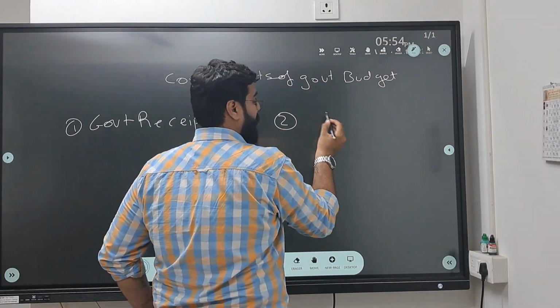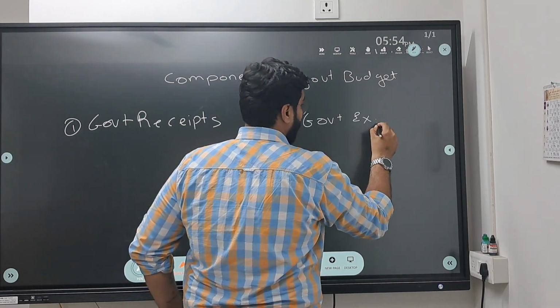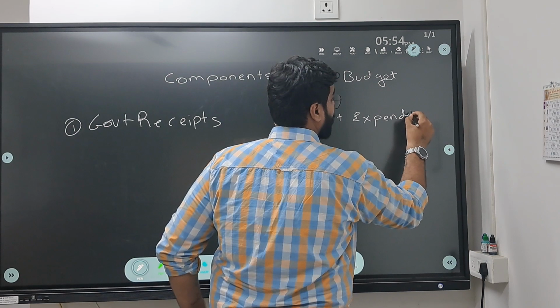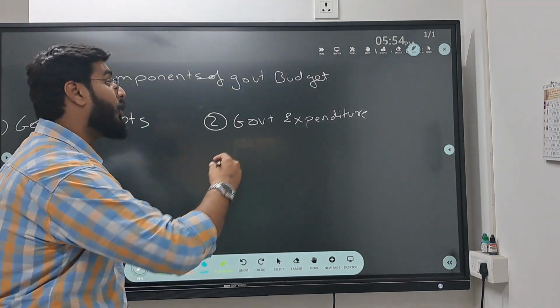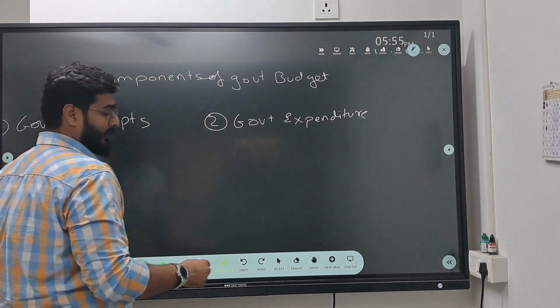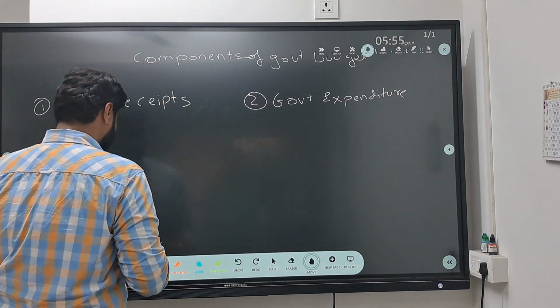Second, proposed expenditure, so government expenditure, where government is going to make expenses, where government is planning to make expenditure. So that is my proposed expenditure.